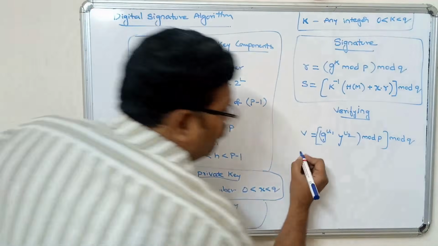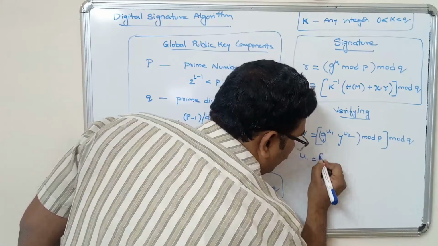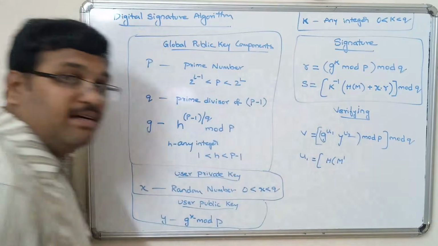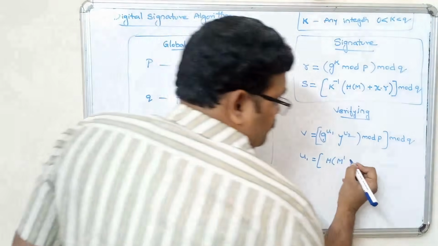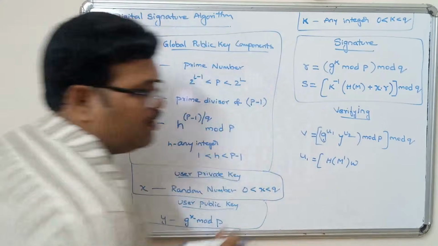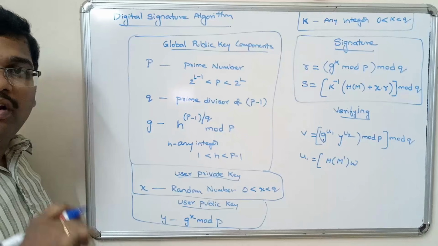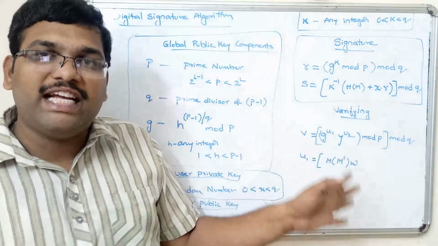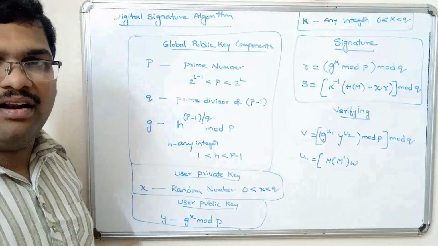So U1 is equal to hash function applied on M dash, into W, mod Q. Here M dash is the message which has been received by the receiver.